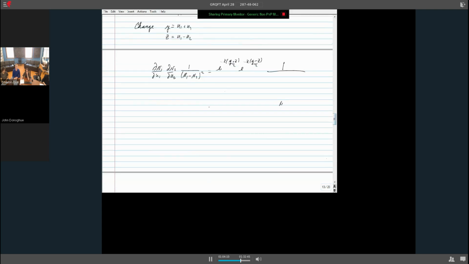We have dv1 du1 dv2 du2 1 over v1 minus v2 squared, which is then, we're going to take u1 and write it in terms of y and z, and v1 minus v2 then is just going to depend on z.